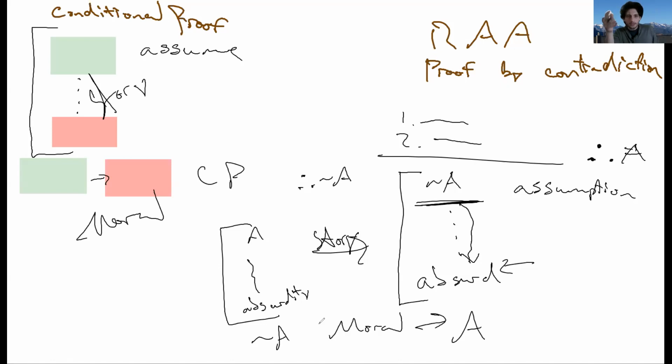So the idea with RAA is kind of just like a negation introduction. I'm going to tell you a story where you suppose anything you want, and if I can reduce that to some absurdity, then you better turn around and say, then that must not have been true all along. So that's what we're going to do with RAA.